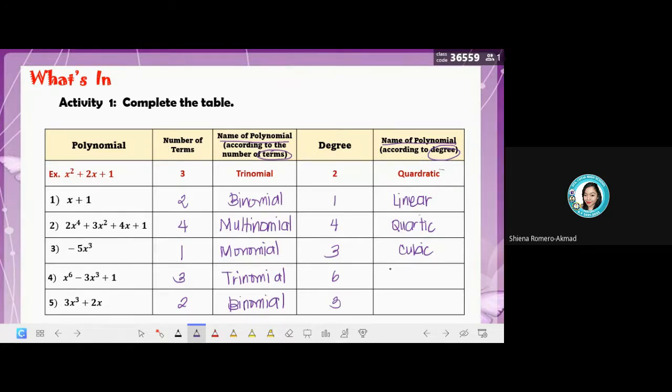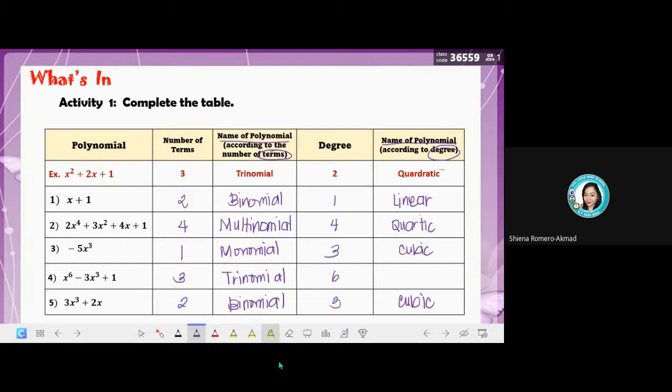So, sa 5, alam na natin that it's cubic. Wala?